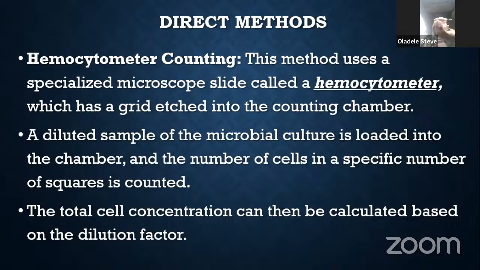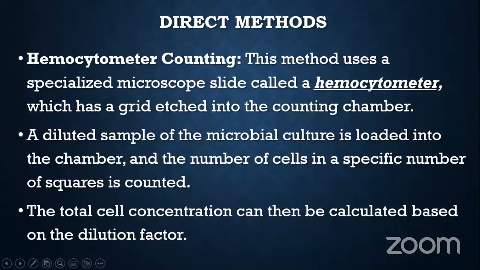So it helps us to count the cells based on the diluting factor in a specific square. This hemocytometer is not only used for microorganisms, it's also used for other industrial purposes, but it's applicable to microorganisms. It uses a simple method of counting.